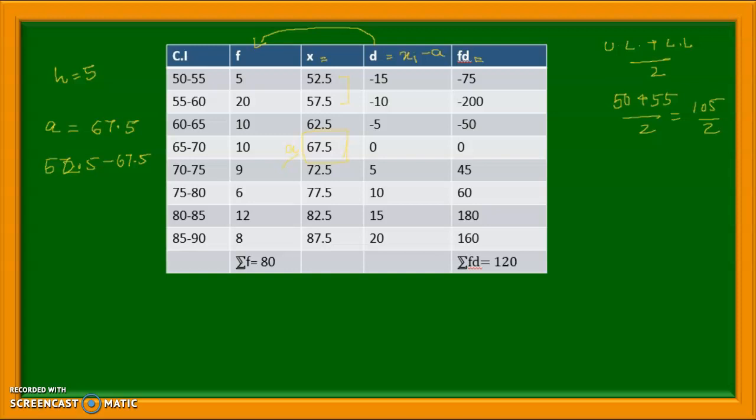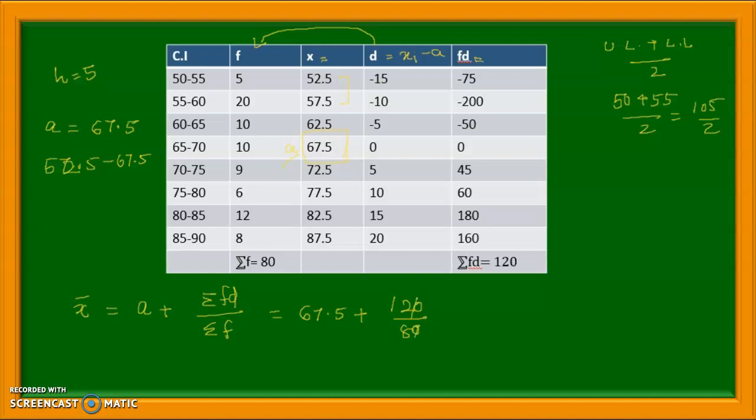Then the sum of this column is needed, and also the sum of frequency, because the formula is x bar equals assumed mean plus sigma fd over sigma f. Substituting these values, a we took as 67.5, plus sigma fd is 120 divided by 80.